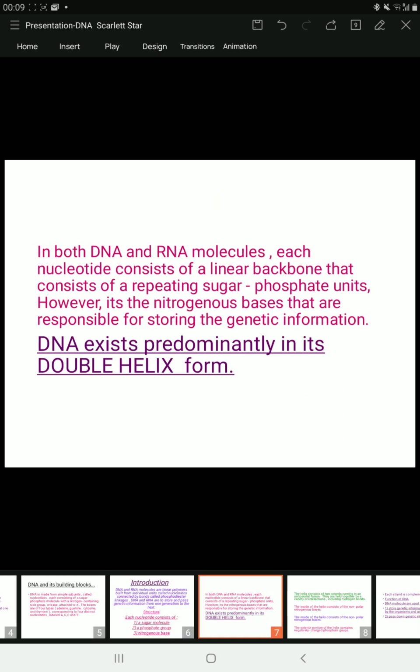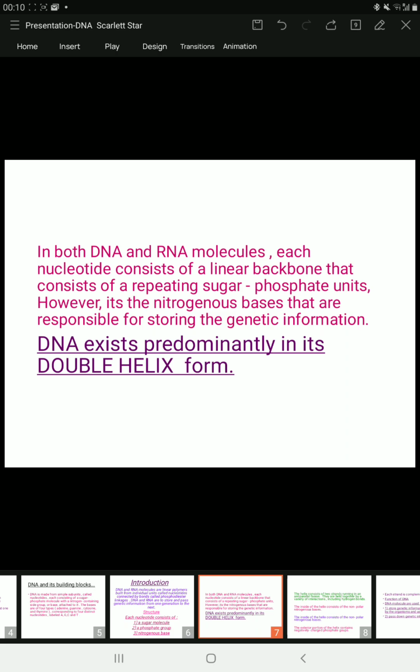In both DNA and RNA molecules, each nucleotide is part of a linear backbone that consists of repeating sugar-phosphate units. However, it's the nitrogenous bases that are responsible for storing the genetic information, which is passed down from parents to offspring, whether in bacteria or in humans.